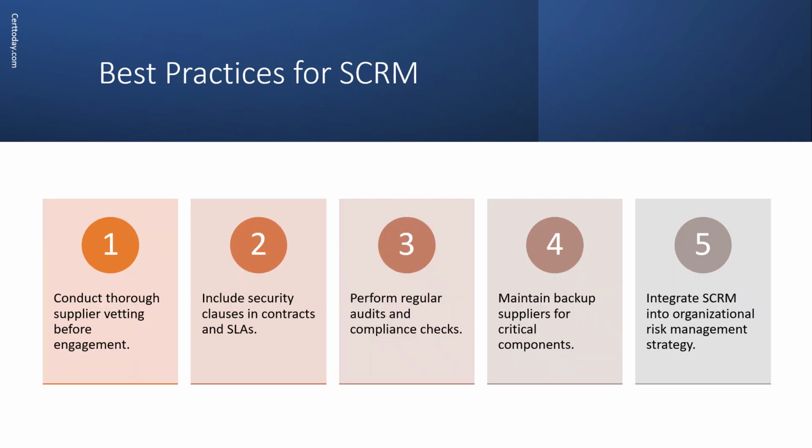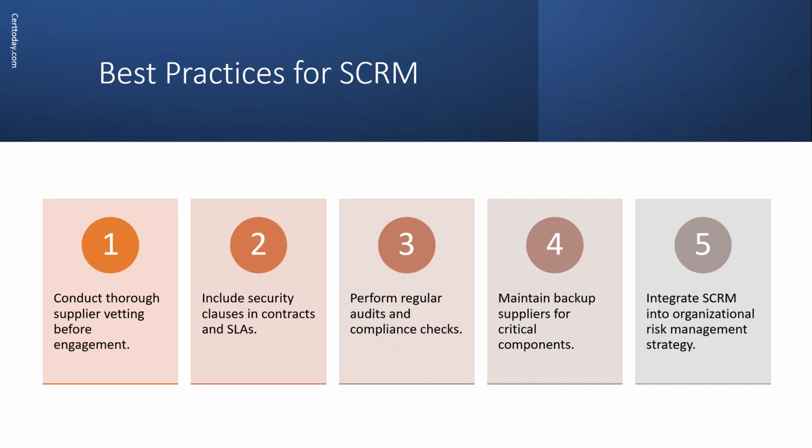Best practices for SCRM. Implementing best practices in supply chain risk management, SCRM, helps organizations strengthen their defenses and maintain operational resilience. A fundamental step is to conduct thorough supplier vetting before engagement, which includes evaluating financial stability, security posture, past performance, and compliance with industry regulations.